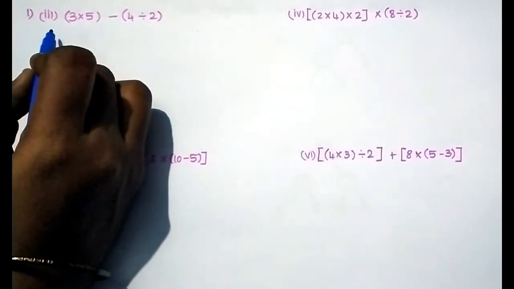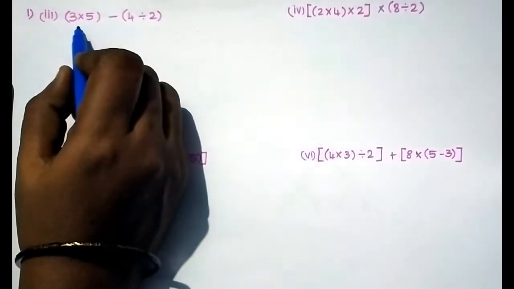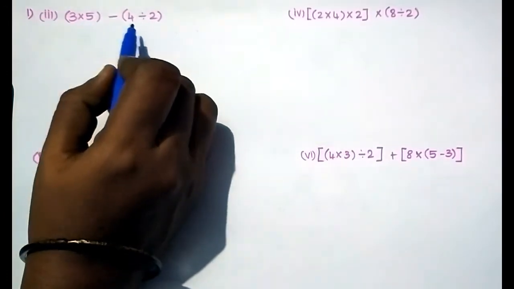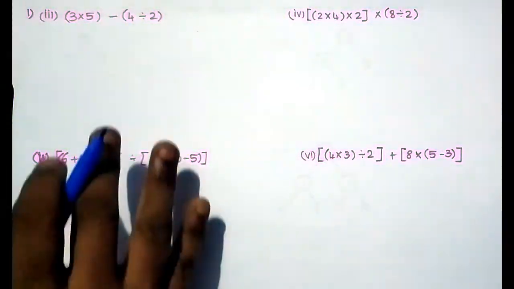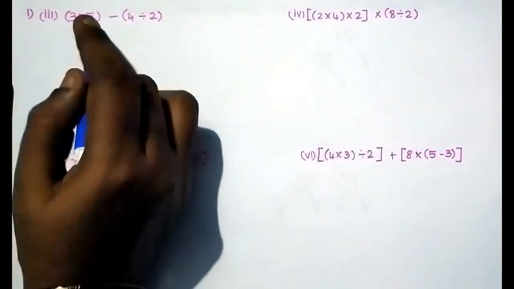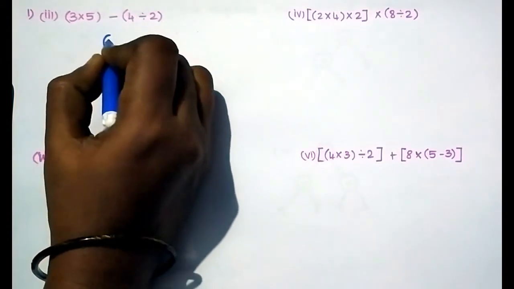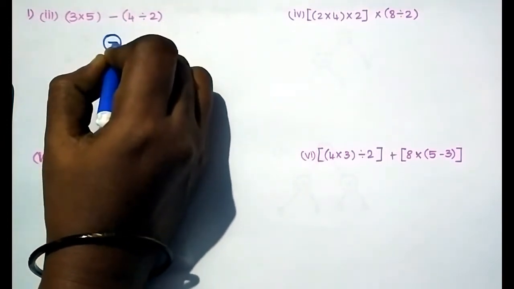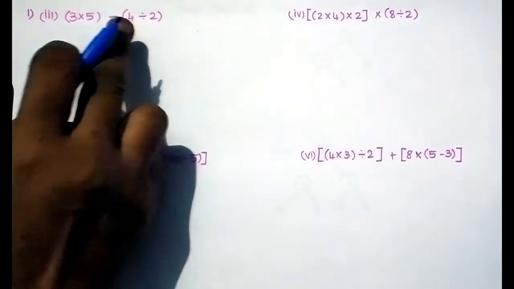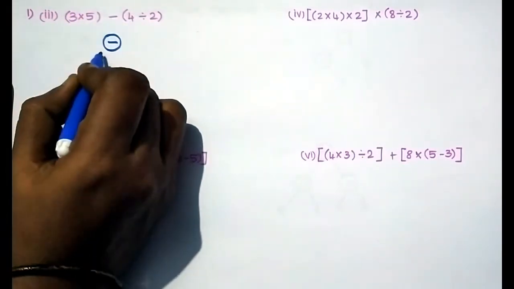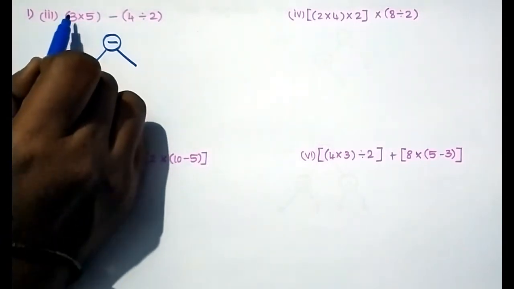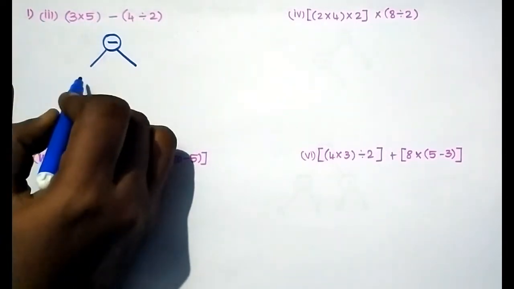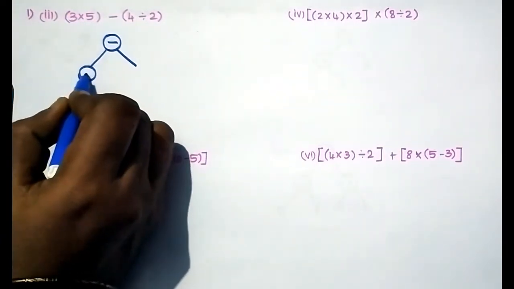First sum, third subdivision, 3 into 5 minus 4 divided by 2. Listen, 3 into 5, 4 divided by 2. The main operation is minus. We subtract these 2 brackets. In the first bracket one operation is there. What is that? Multiplication.